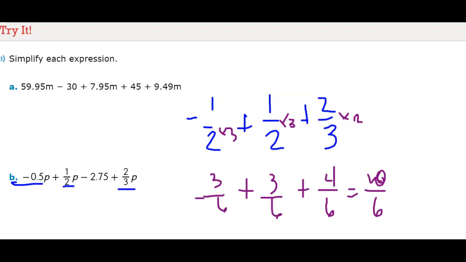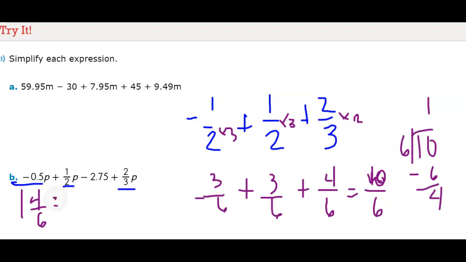And it can't stay that way, so we have to divide my denominator into my numerator. It goes into it one time, and the remainder is 4. 1 is going to be your whole number, 4 is going to be your new numerator, 6 is going to be your denominator. We do have to simplify that 4/6 by dividing by a common factor, which would be 2.